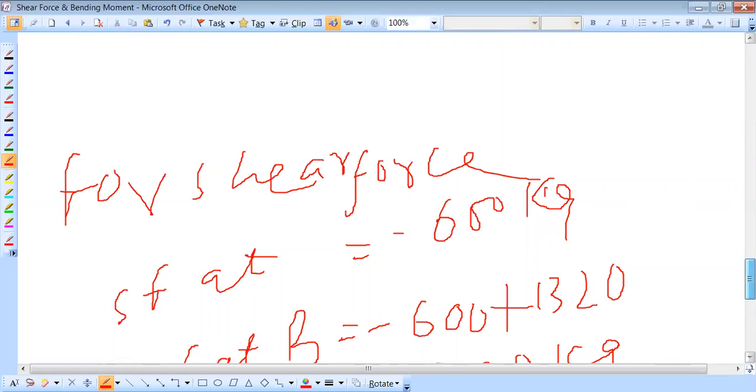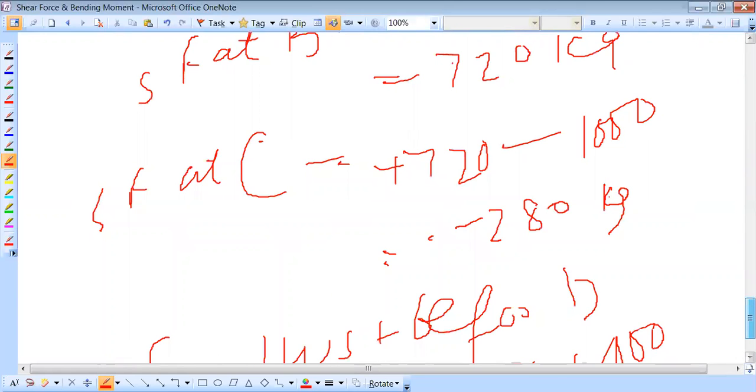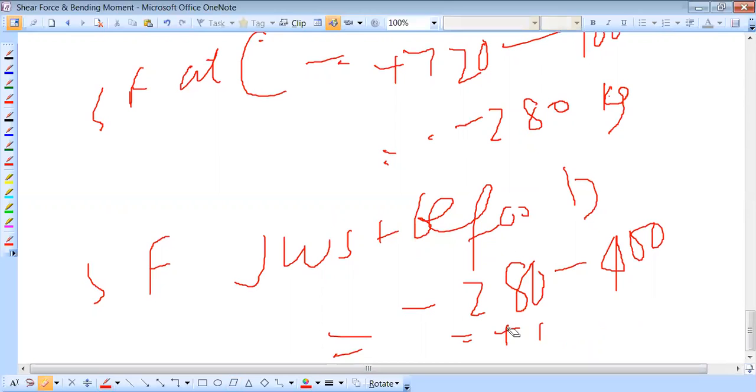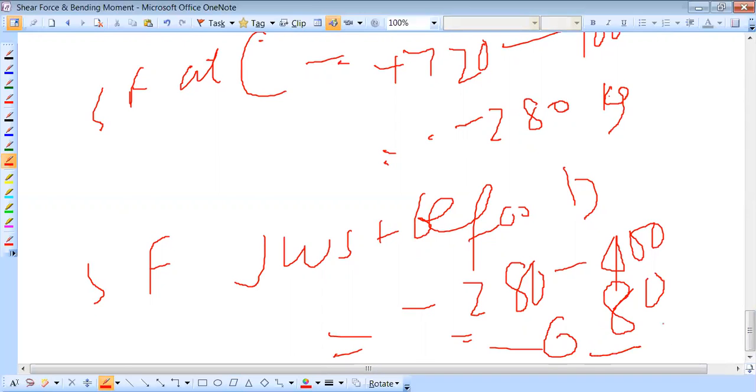SF at D is minus 1000, also a downward direction, not actually plus. This is a minus sign. That means this value is correct here. Because of the downward direction, this is equal to 680. So we have already found the value of R2, 680. R2 and R1 are not the same, and the direction is different because of the moment.